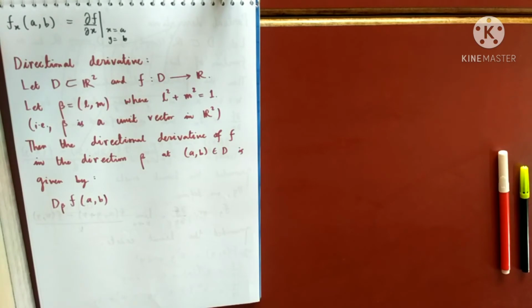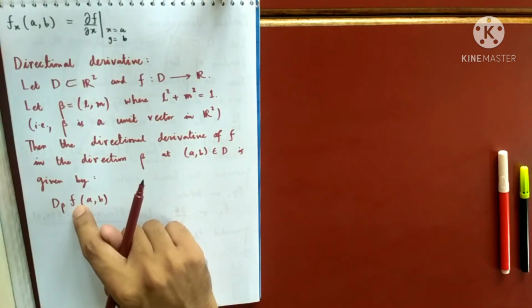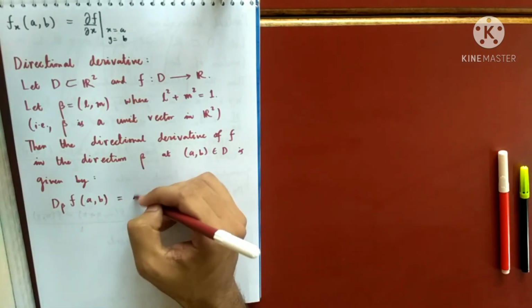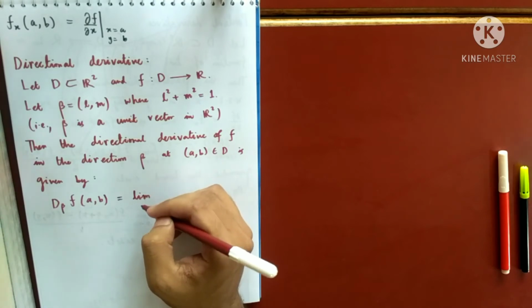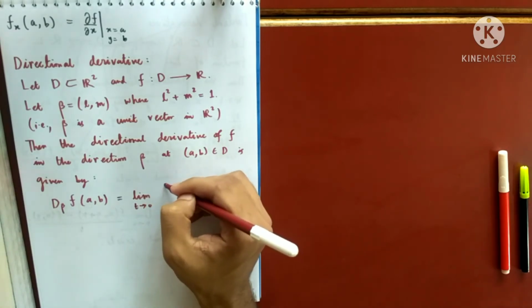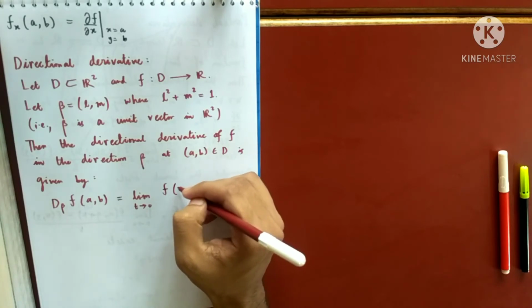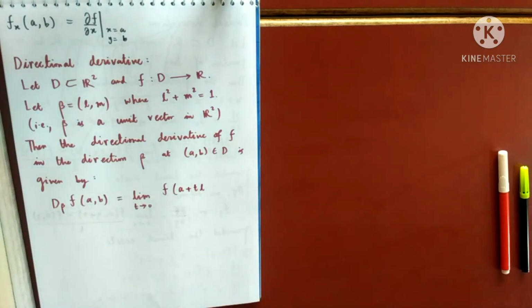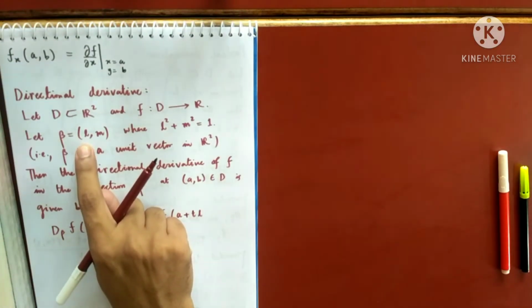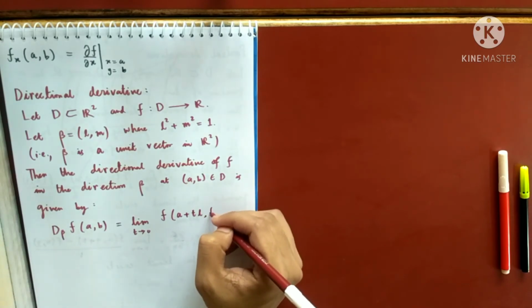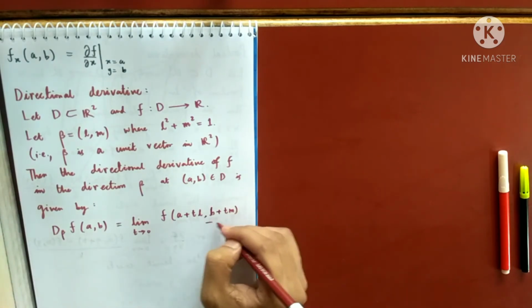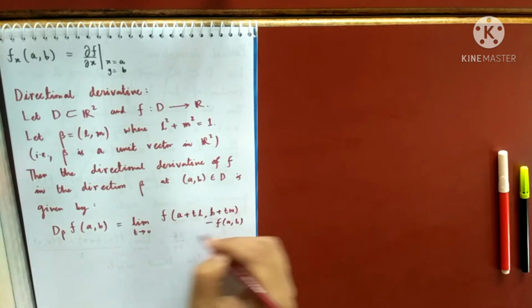This represents the directional derivative of f in the direction beta at the point a comma b, and this is defined like this: limit t tends to 0 f of a plus tl, instead of just taking a plus t, comma b plus tm, minus f of a comma b, divided by t.